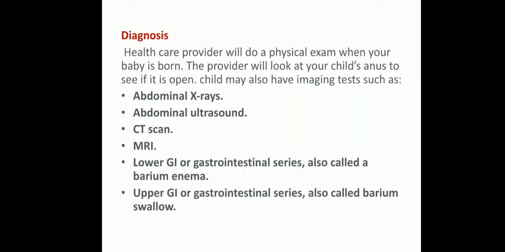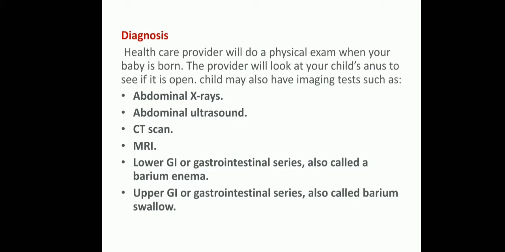And diagnosis. Healthcare providers will do a physical exam when the baby is born. The provider will look at the child's anus to see if it is open. By physical examination itself, they are recognizing it immediately after birth.